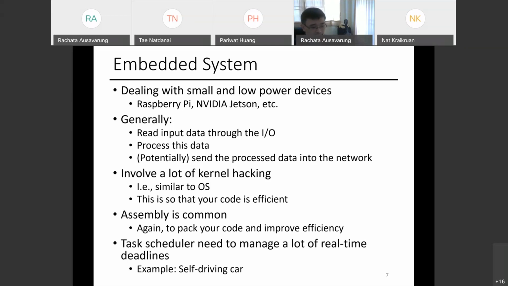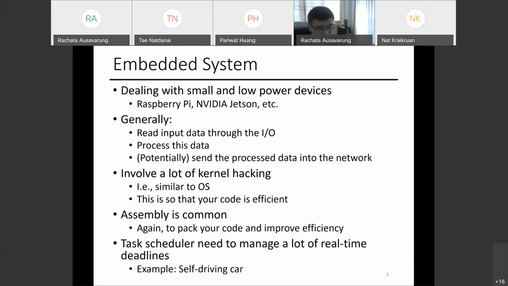The other one is it also involves the task scheduler. This is the same concept as computer system. You have one device, you have many things you need to do. How do you manage the deadline? One example is if I have a self-driving car, I want to make sure I can analyze if the object I'm seeing is a human or not, the one in front of me, right?